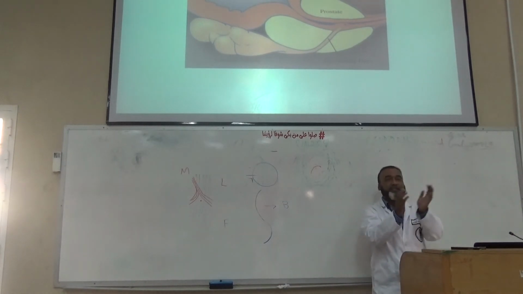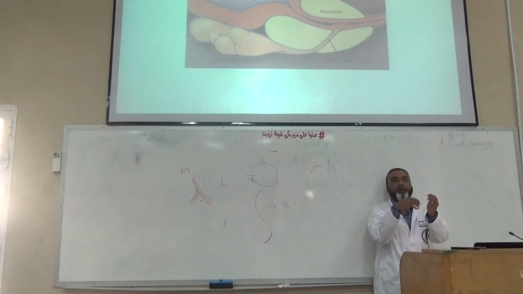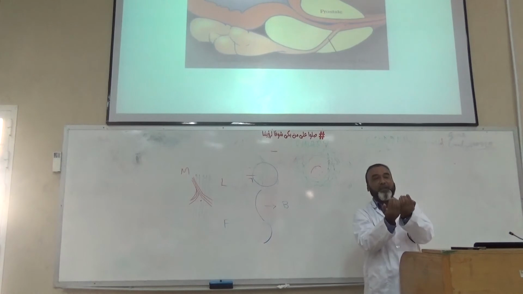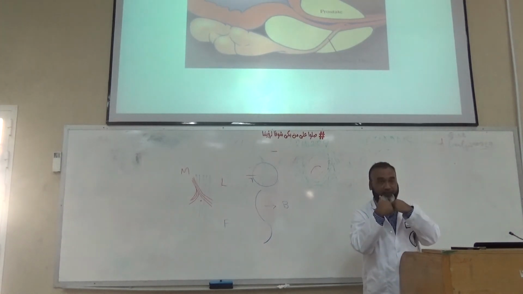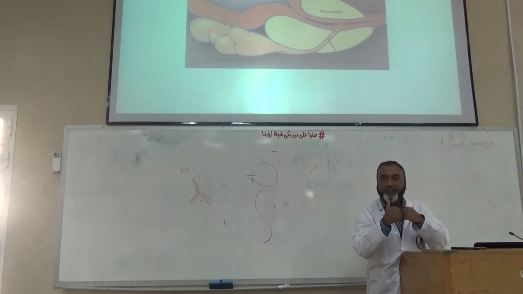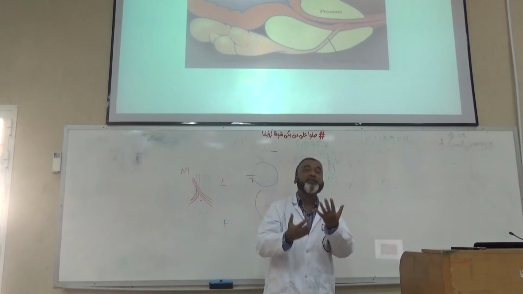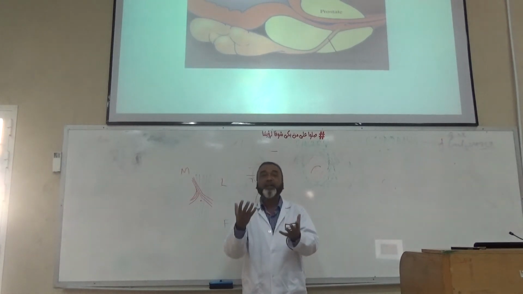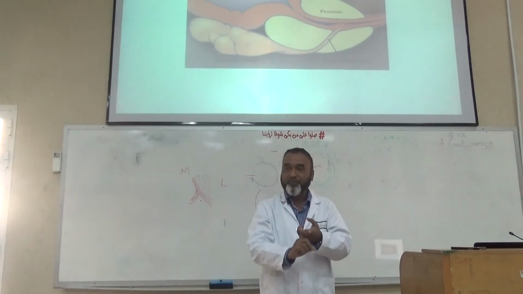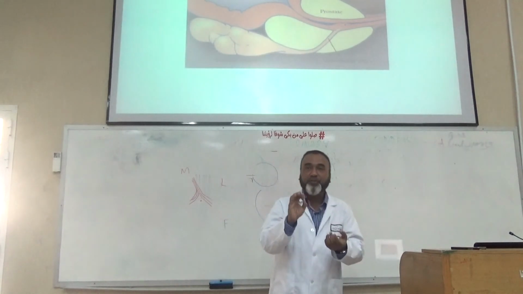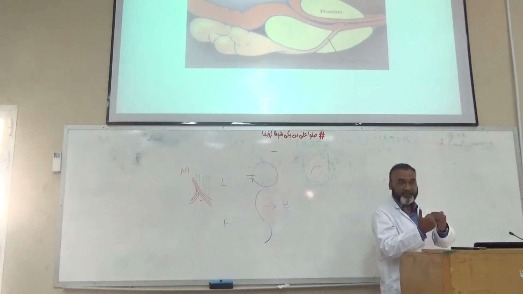The urethra is stretched, plus there is pressure from the two sides and from below. A condition develops where stasis of urine takes place in the bladder, and due to the stasis, cystitis, that is infection of the urine in the bladder, can take place.